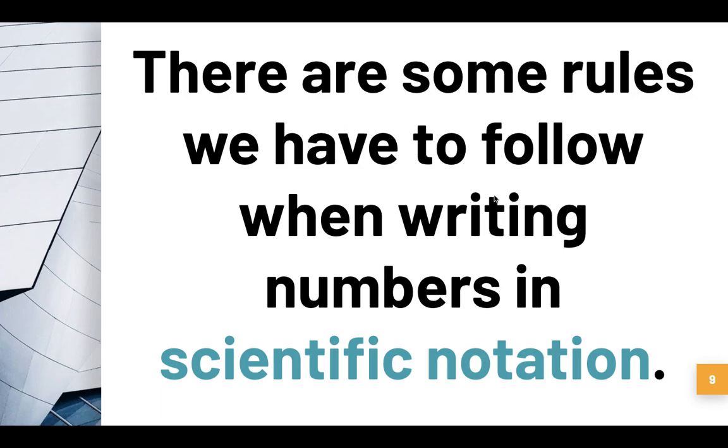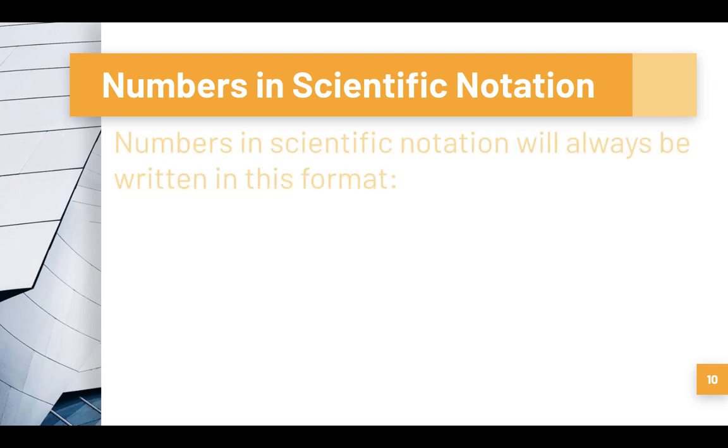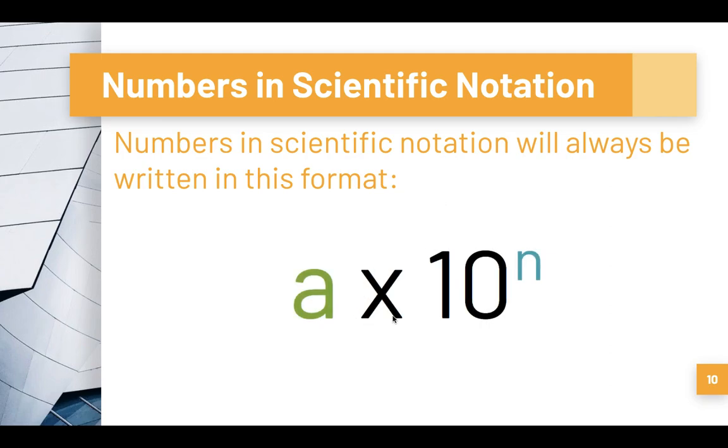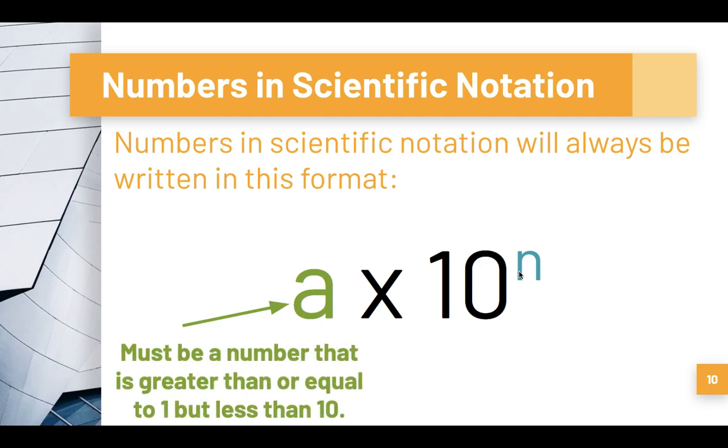So there are some rules that we have to follow when writing numbers in scientific notation. Numbers in scientific notation will always be written in this format: A times 10 to the nth power. Where A is, this number has to be greater than or equal to 1. So the number in front has to be at least 1, but less than 10.